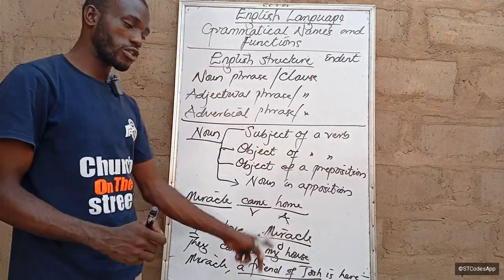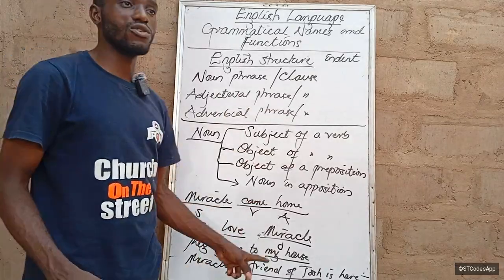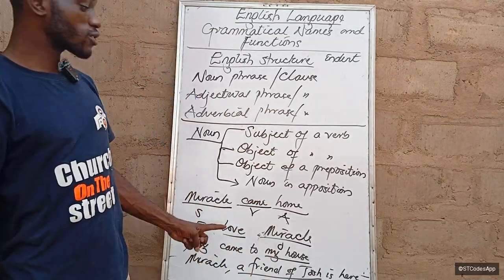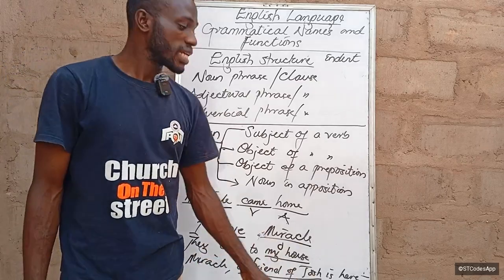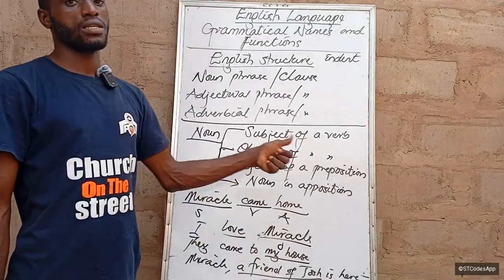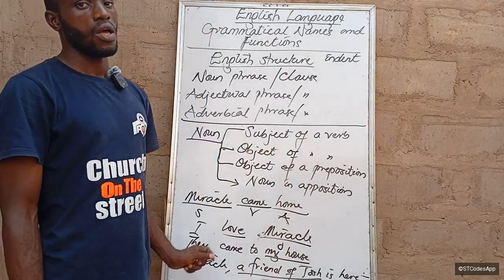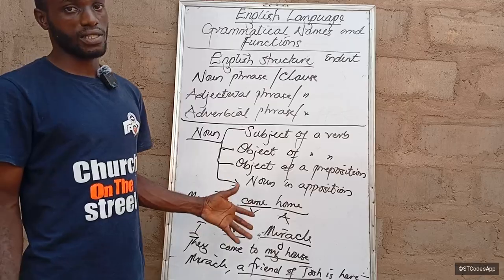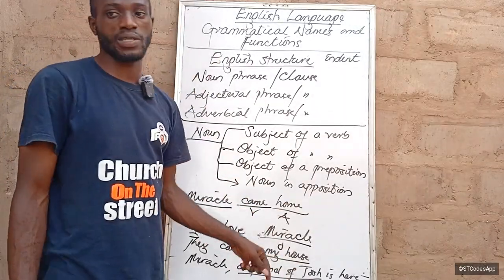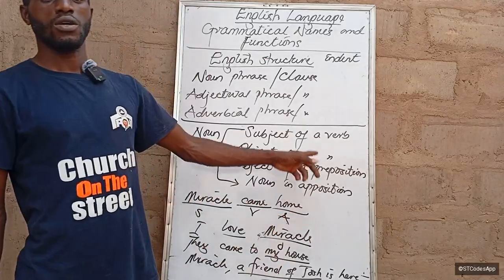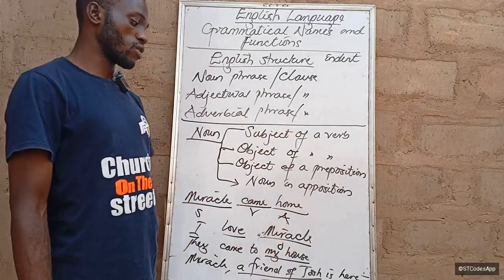Now, a friend of Josh is still referring to who? It's still referring to miracle. So for that reason, a friend of Josh is in apposition to the subject miracle. Is that clear? The second subject is in apposition, or standing beside the first subject.